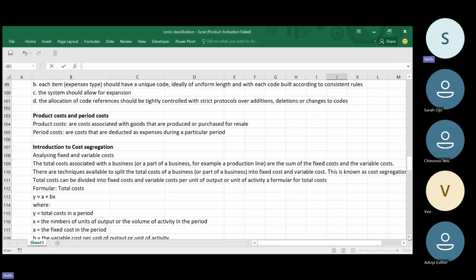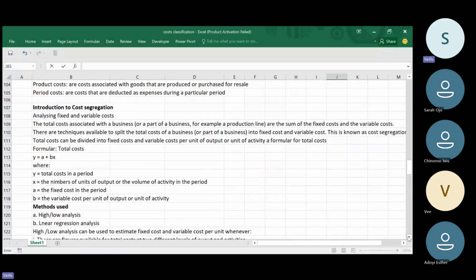A formula for total cost is a straight line equation: Y = A + BX, where Y is the total cost in a period, X is the number of units of output or the volume of activity in the period, A is the fixed cost in the period, and B is the variable cost per unit of output or unit of activity.